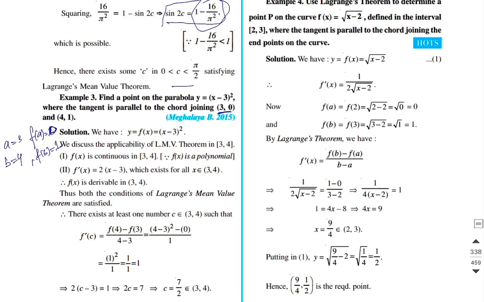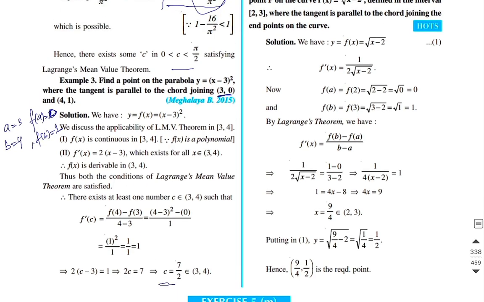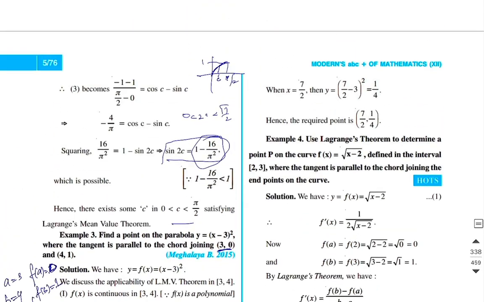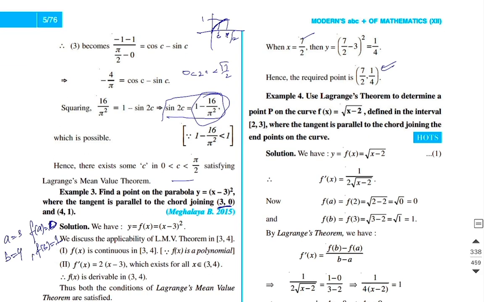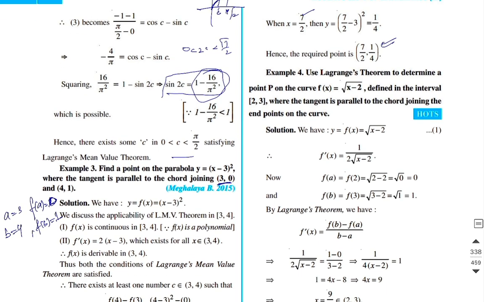You can find that C comes out to be 7/2. Now at 7/2 the value of y: x is 7/2 and y will be (7/2 minus 3) whole square. So this point is the point on the graph where the tangent is parallel to the chord.